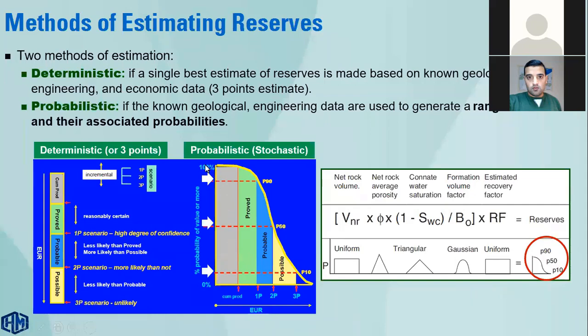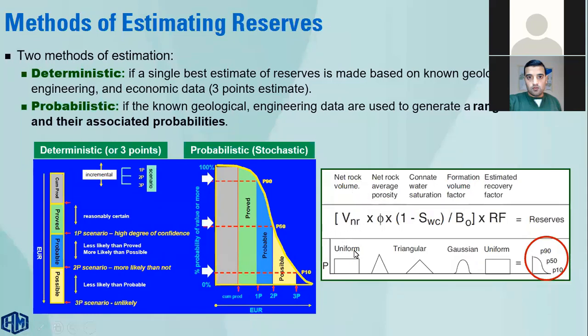At 100% probability level, we have cumulative production. So this value is already produced. So we have 100% probability and zero uncertainty. At 90% probability, we have 1P or proved reserve. At 50%, as you can see, we have 2P, and at 10%, we have 3P or P10. Again, this is an example.